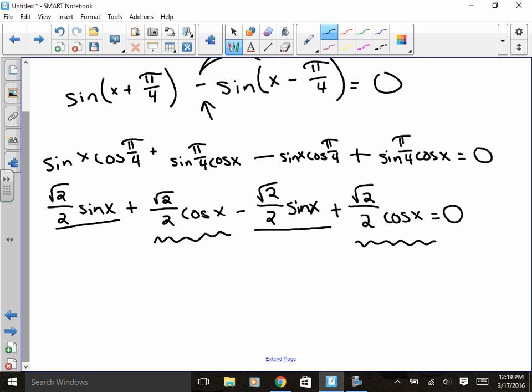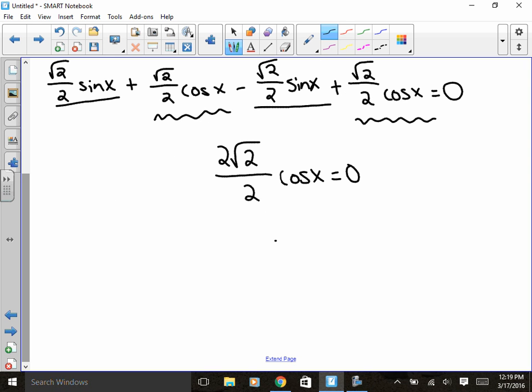The nice thing is they already have the same base, so I can just add straight across, and I get 2 square root 2 over 2 cosine x equals 0. So from here, I want to get the cosine by itself. Reduce that, and you get square root 2 cosine x equals 0. Divide by square root 2, which technically any 0 divided by anything is 0.